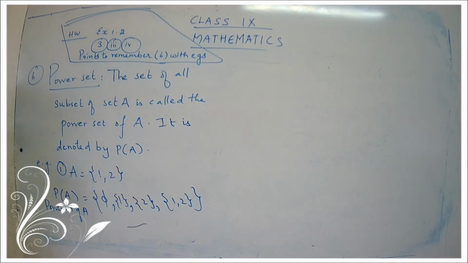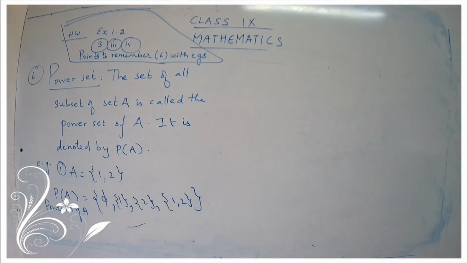I'll be continuing with the remaining part. There are no more points, we have completed all the points for 1.2, so we have to go directly to our exercise 1.2. In the next class we'll try to complete our 1.2, okay children? So just study all the points to remember and everything.